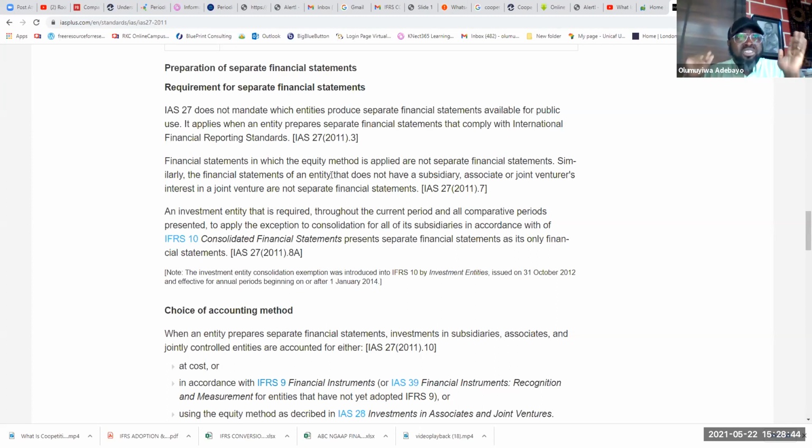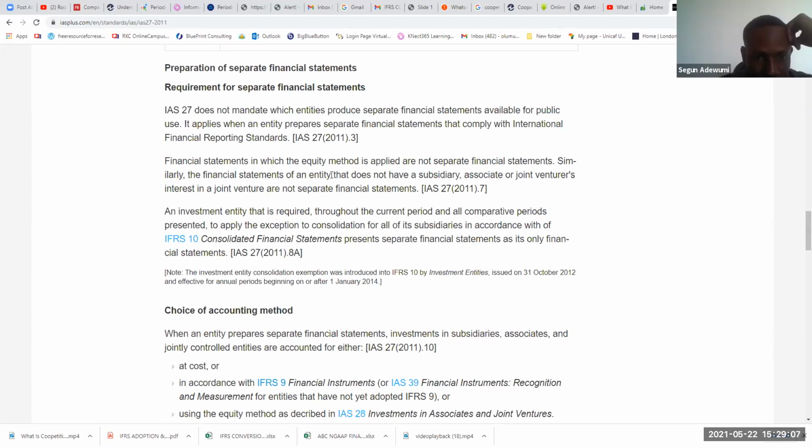Therefore, it's not even thinking of consolidation. Where will it come from? It's like saying Fipodomi Finance Professional Services Limited is now thinking of separate. What separate? It doesn't even have a subsidiary to consolidate. Therefore, what is separate in your financial statement? That simply is your own financial statement as the case may be.